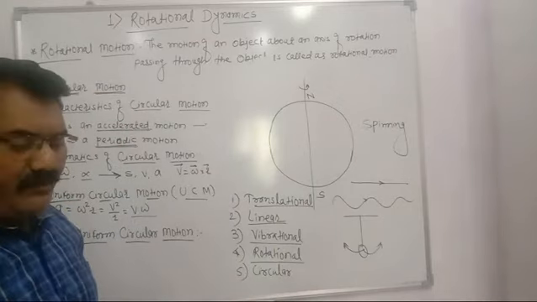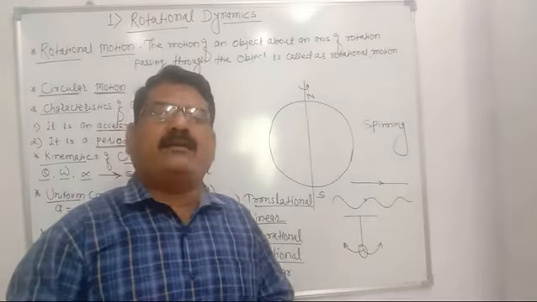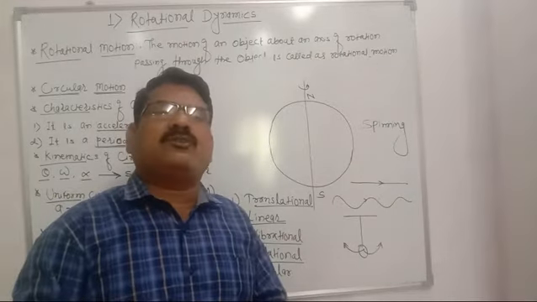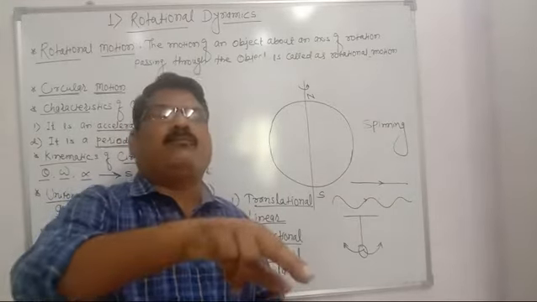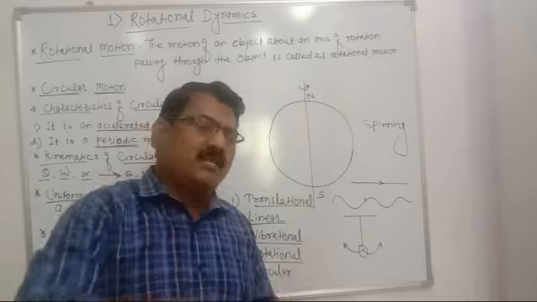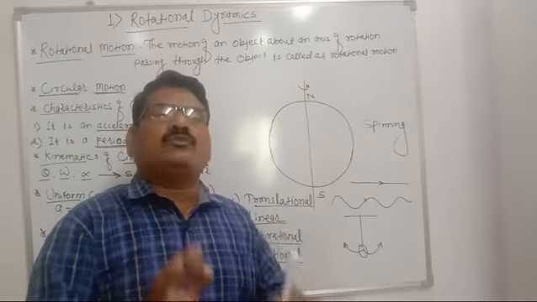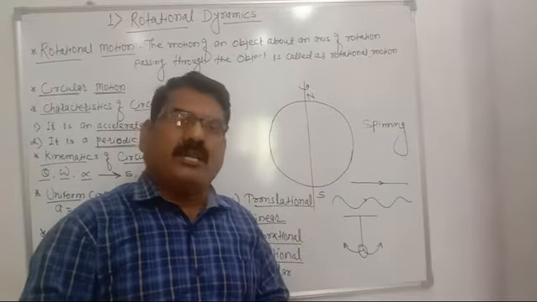In this way, when the body is rotating about an axis of rotation passing through the same body or the same object, then that motion is called rotational motion.